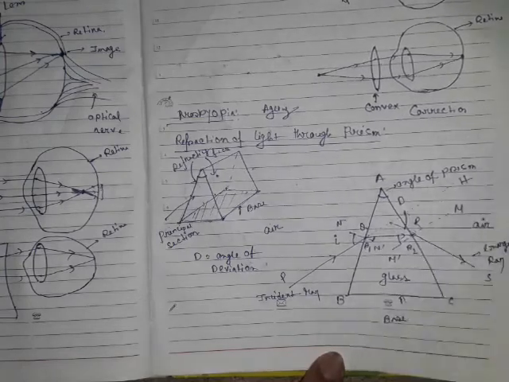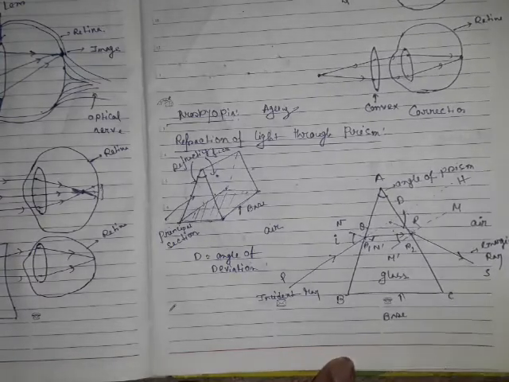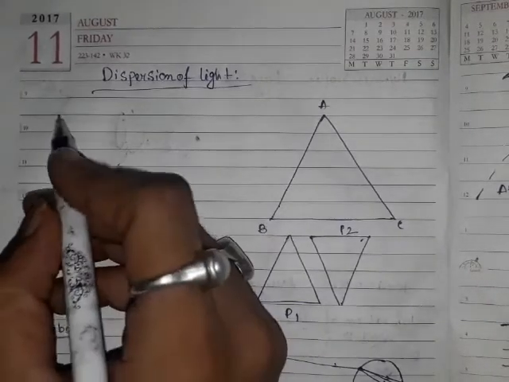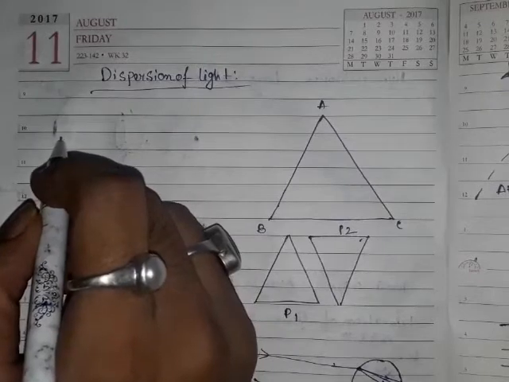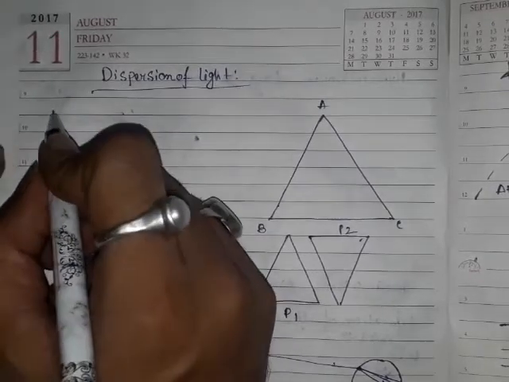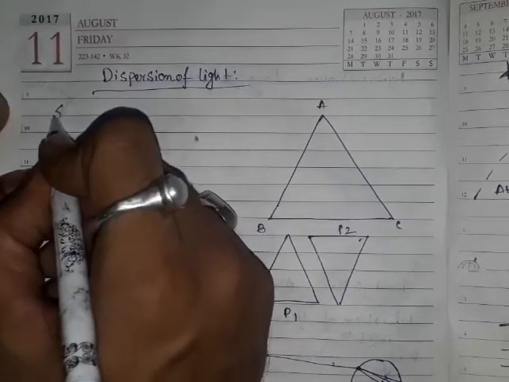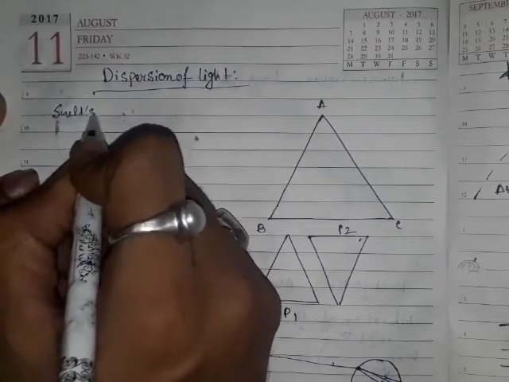So next topic of discussion is dispersion of light. Before starting the dispersion of light, let's mention some equations associated with the refraction of light, that is Snell's law of refraction.